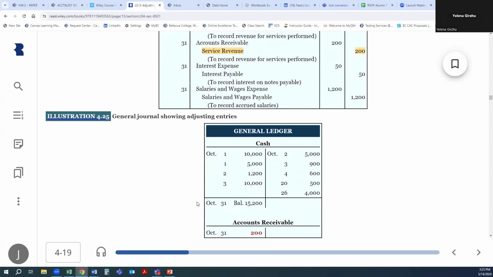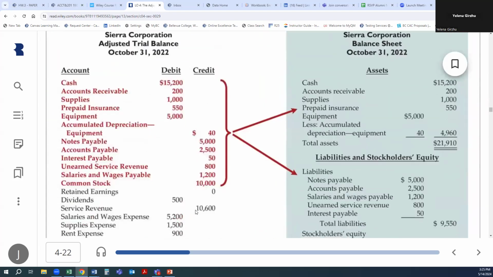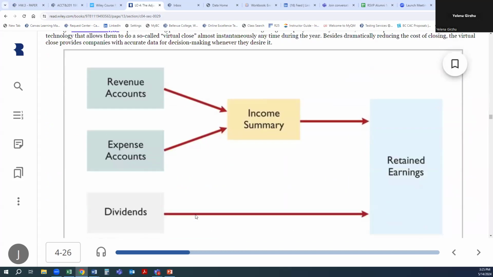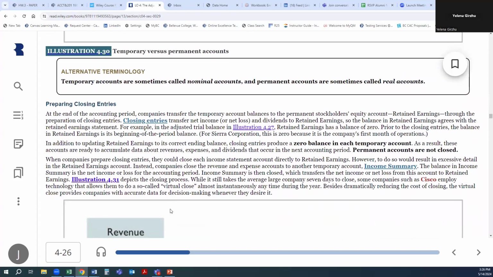And then when you get to the closing journal entries, we basically start with our trial balance and we say, let's get rid of all the revenue accounts, all the expense accounts, all the dividend accounts. We don't touch the assets and liability accounts.